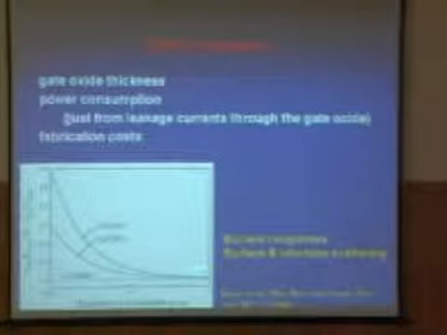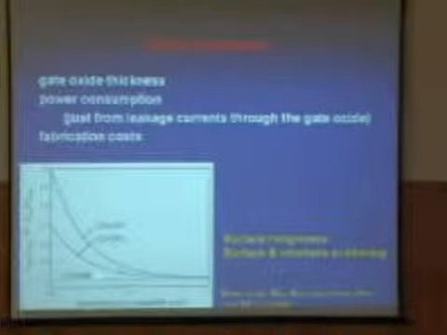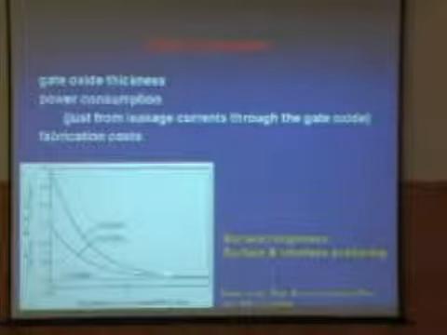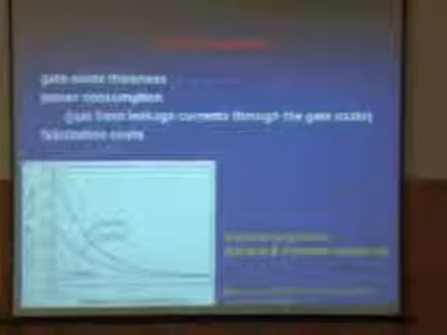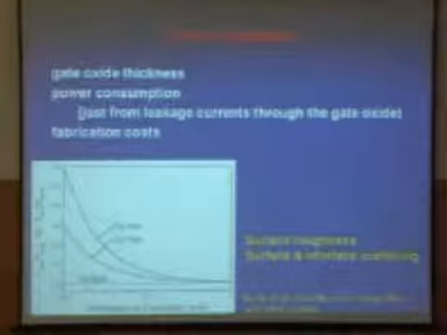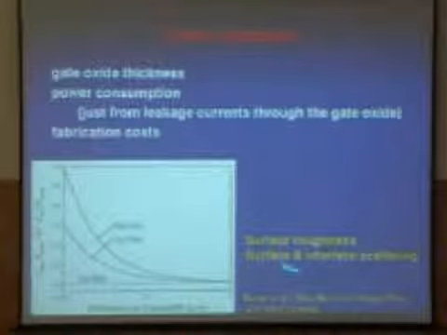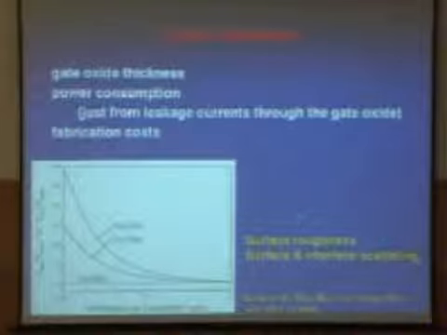This is the copper resistivity: if I decrease the size from, say, 1 micron towards 0.1 micron, you can see resistivity going up quite drastically. That's what you don't want. The reason for this increase in resistivity is that at smaller sizes we have surface roughness, surface and interface scattering, and so on.